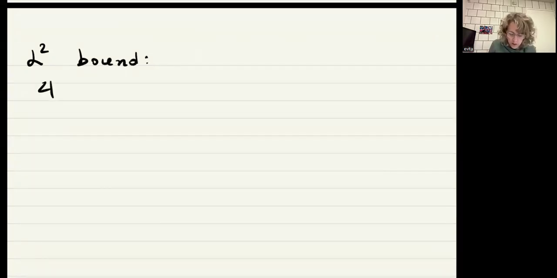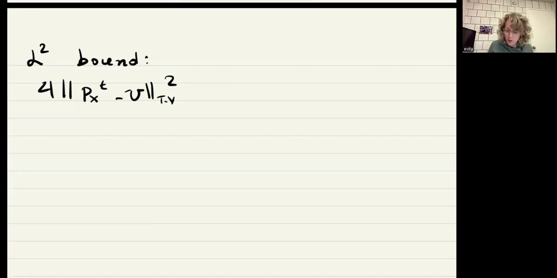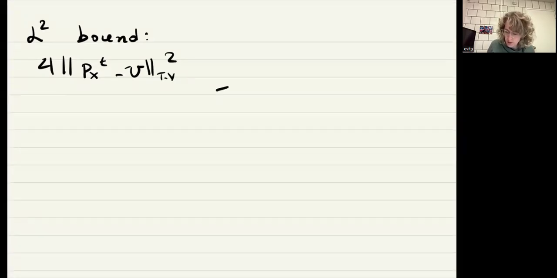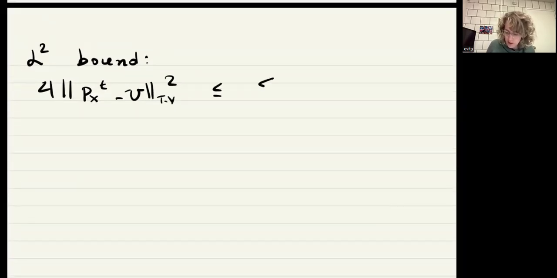So the standard L2 bound, when you just want to study mixing times, then roughly, this is an oversimplification of Diaconis and Shahshahani, but still it's correct. I'm not lying to you: if you take the total variation distance, you square it and multiply by 4, then this is less or equal to adding the eigenvalues to the 2t, but we exclude the very first one, the 0 eigenvalue.